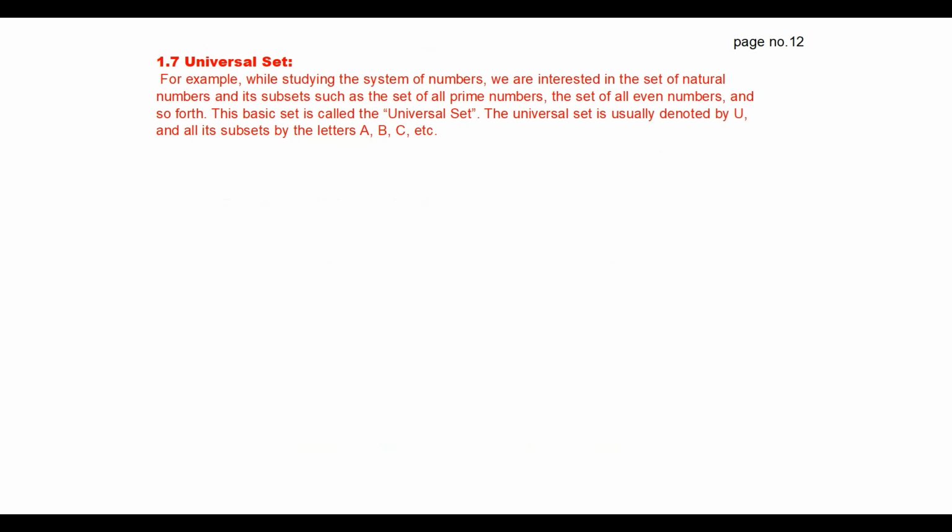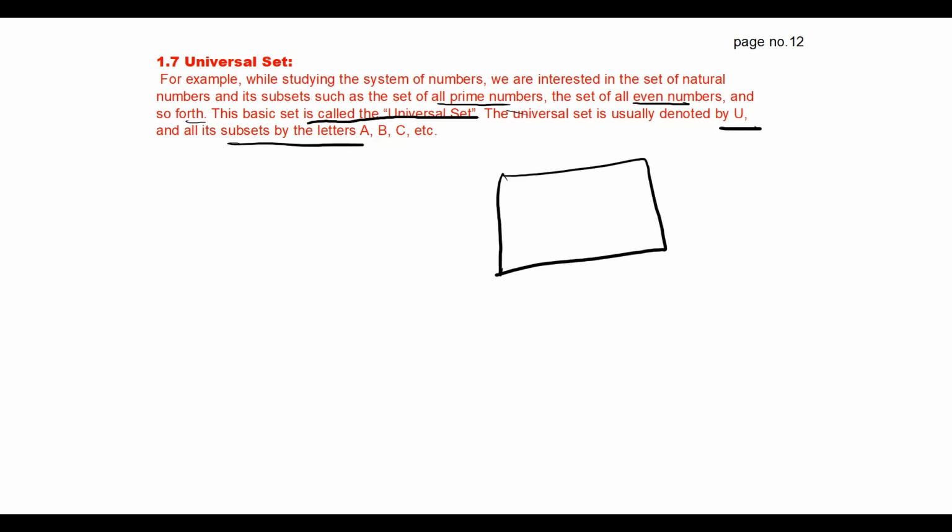1.7, Universal set. Consider this example. The universal set will contain all the natural numbers. If another set contains all the prime numbers, and one more set contains the even numbers, then all these sets are called subsets of the universal set.